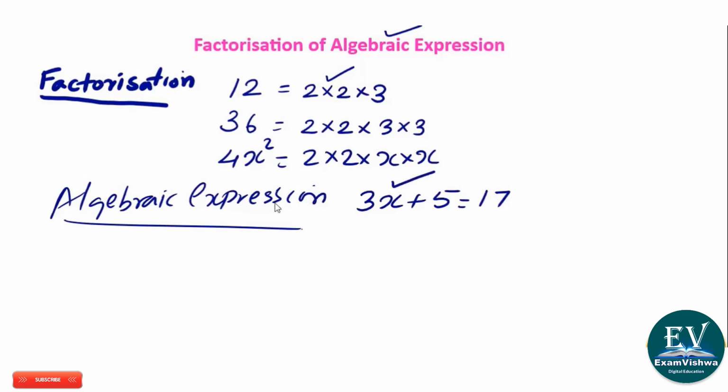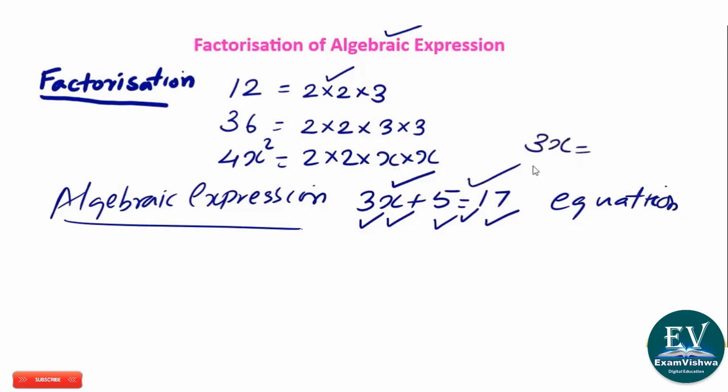In that you studied this as a coefficient, this as variable, this as constant, and this as an equal sign, so it is also an algebraic equation. 3x itself is an expression, 3x plus 5 is a binomial algebraic expression. Then you studied 2x square plus 3x plus 5 as a trinomial.